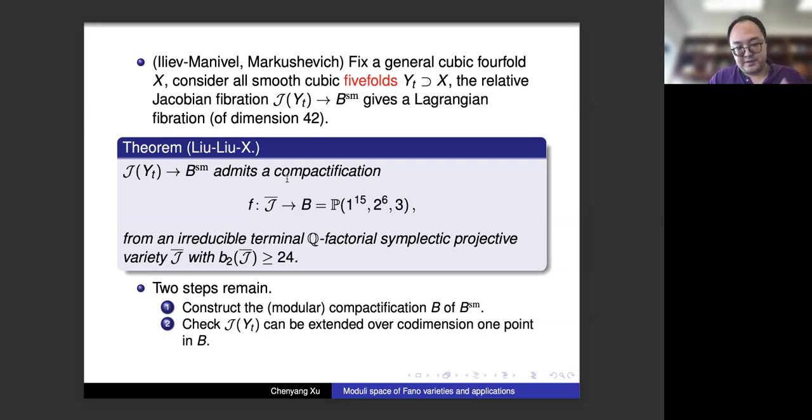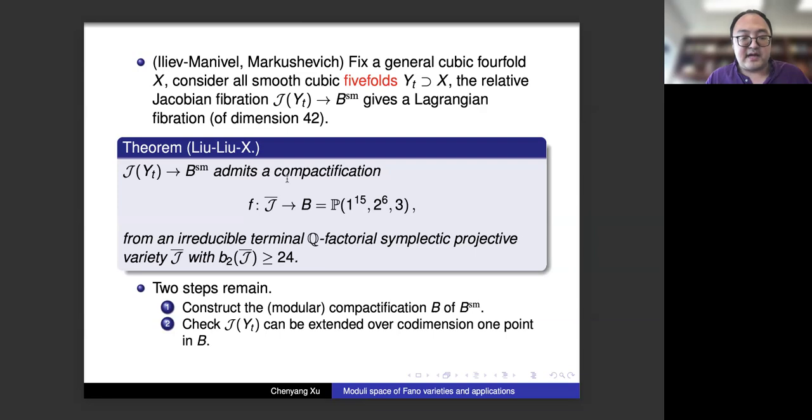So particularly, this probably suggests that this compactification is not smooth, if you believe that for a Lagrangian fibration of a smooth hyperkähler manifold, the base is P^n. I don't know how much people believe that, but yeah.